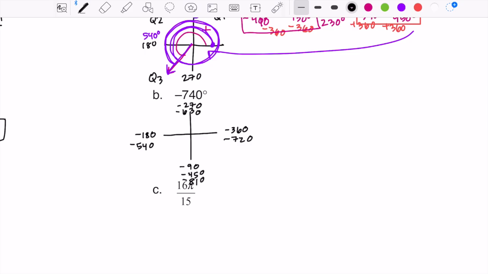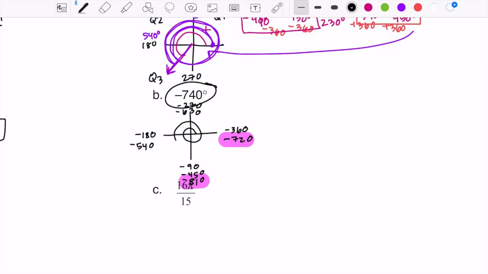Okay. Why did I stop right here? It's because my angle of -740 degrees is in between -720 and -810. So what happened is I went -9, -18, -27, -36, -45, -54. Ooh, whoops, I like that circle I drew.